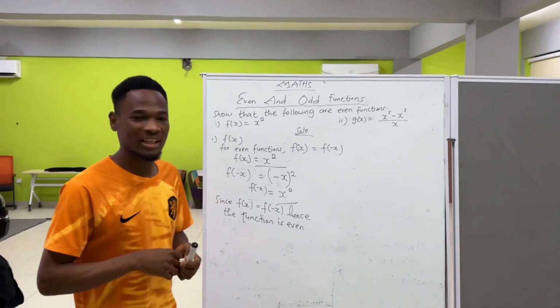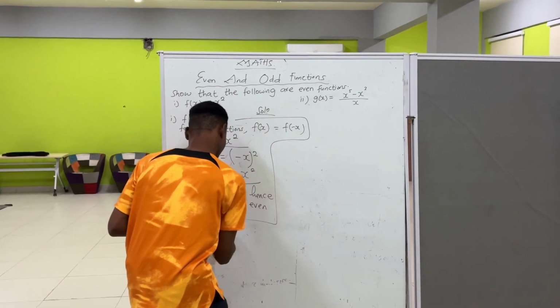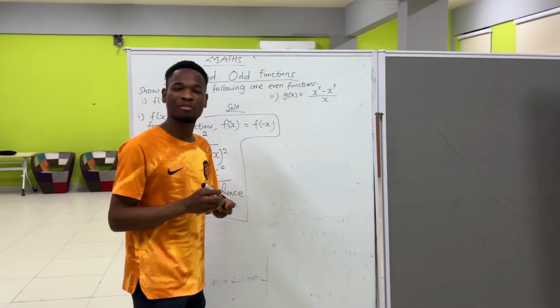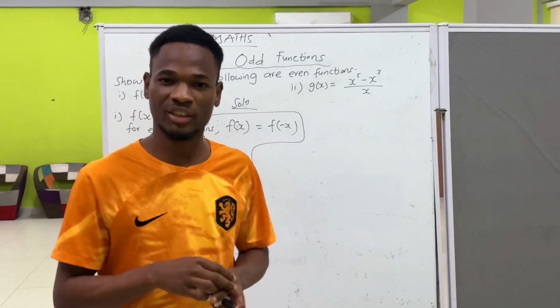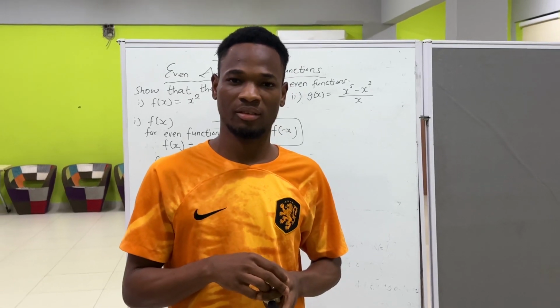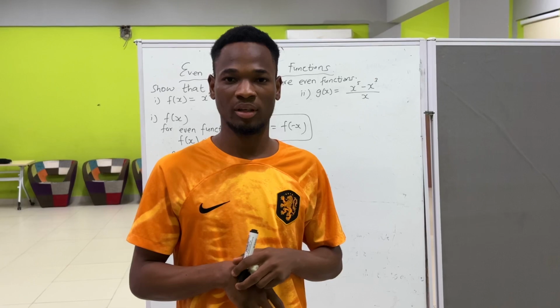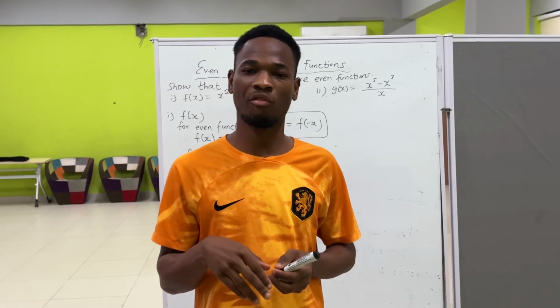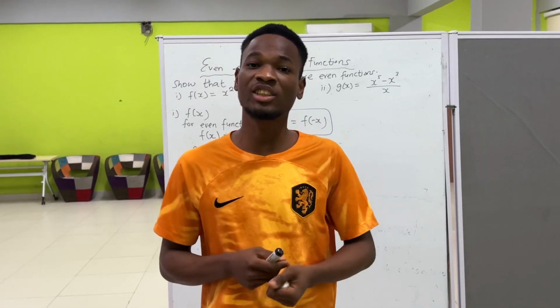Let us consider the second part. The second part, we have g of x equals this expression. What is the formality for even function? f of x should equal f of negative x. But here, unlike the case before, the function given is g of x.